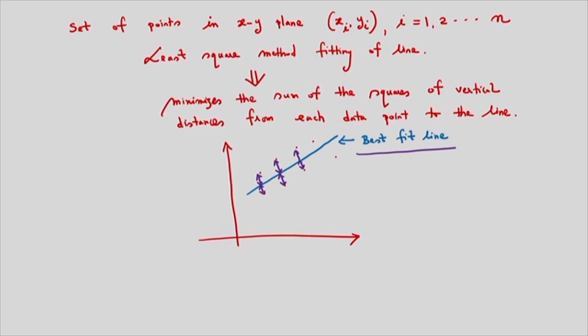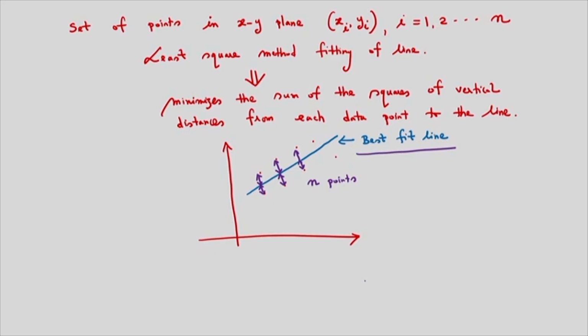So, you can see I have considered n data points, that is the observed data points, and I am fitting a line. That is the best fit line I want to determine, and the condition is the least square method. So, it has to minimize the sum of the squares of the vertical distances from each data point to the line.